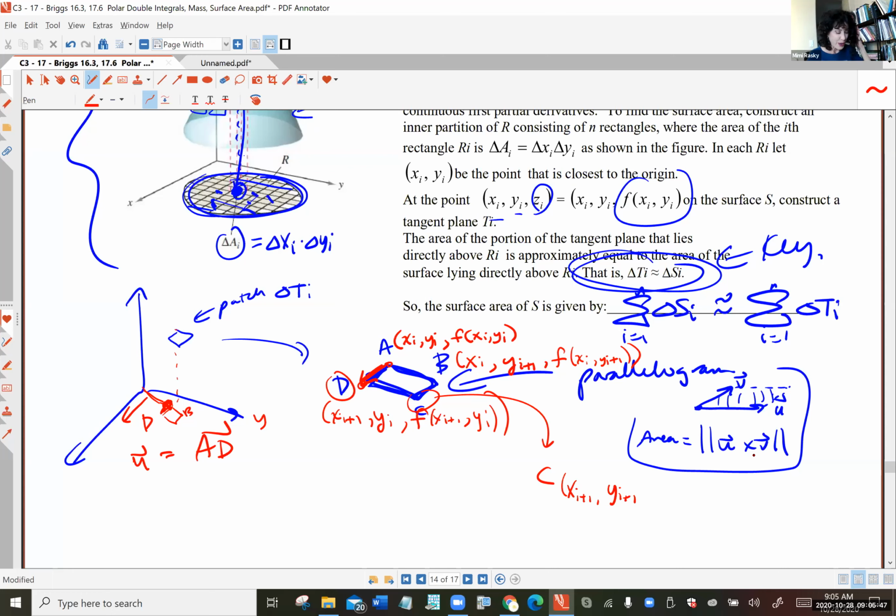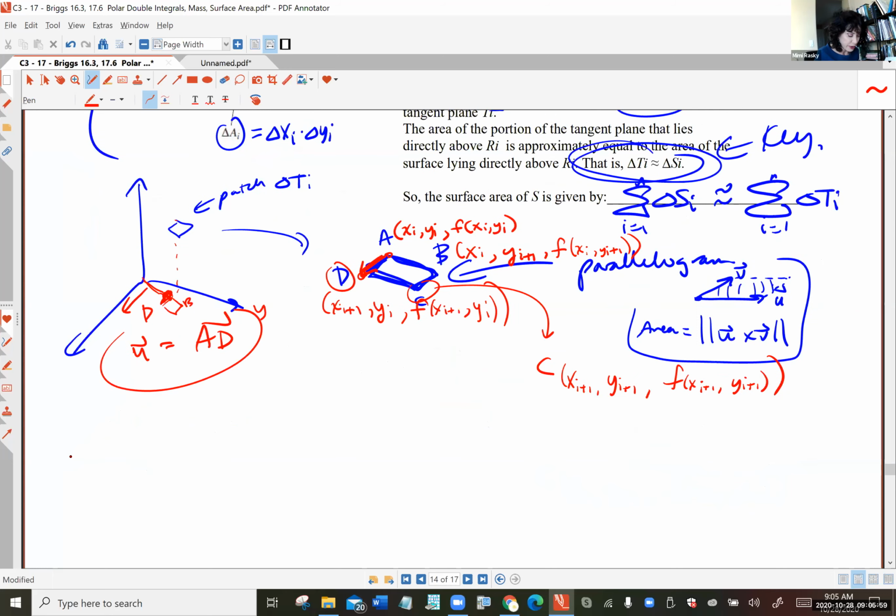Okay, so what I'm going to do is form the vector u, which is going to be AD, and then the other vector I will form will be the vector AB, and I'll call that one v. You guys know that 2 points create a vector, so we'll use angular brackets here.